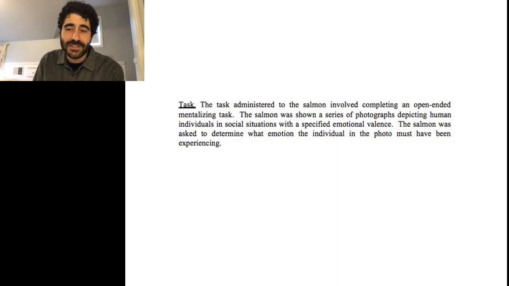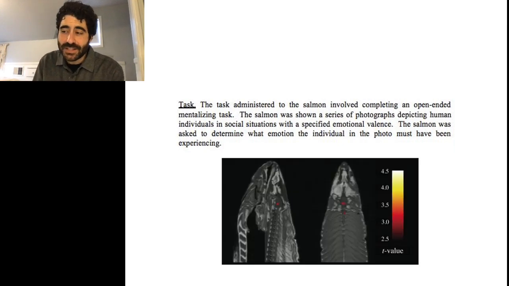Then they use these standard fMRI models to try to figure out, is there some region in the salmon's brain that's increasing for particular emotions? And they found that there was. So they found part of this salmon's brain that increased for a particular emotion.